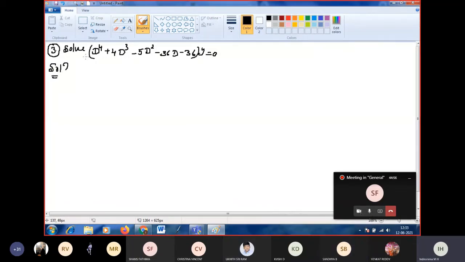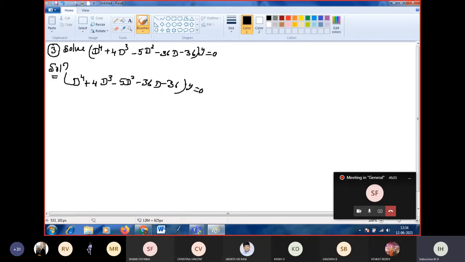Actually, in the question itself they have already written two steps. They reduced our workload. I am just writing what they have given. D power 4 plus 4 D cube minus 5 D square minus 36 D minus 36 into y equal to 0. Is it right?